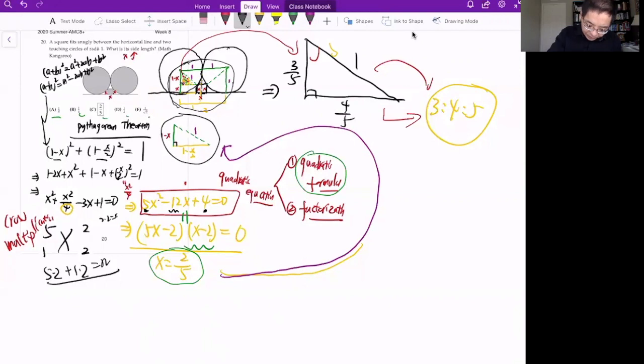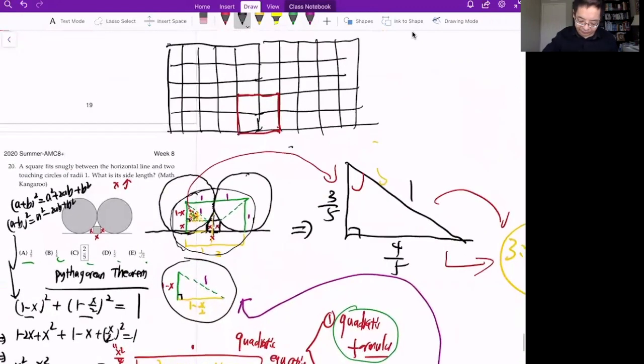You can consider this as 2 squares put together, and there's a small square on the bottom. Now let's enlarge the side length from 1 to 5, and this is what we have.